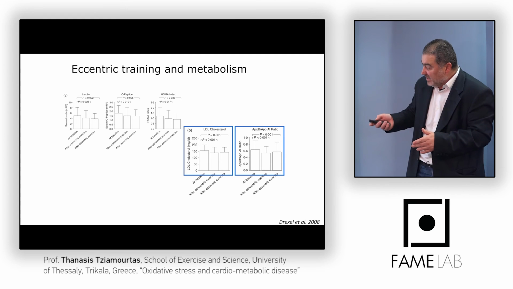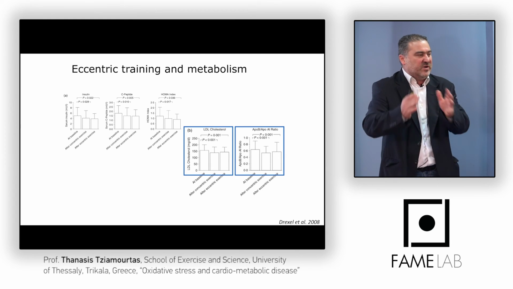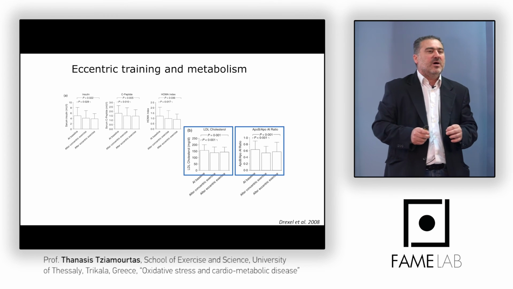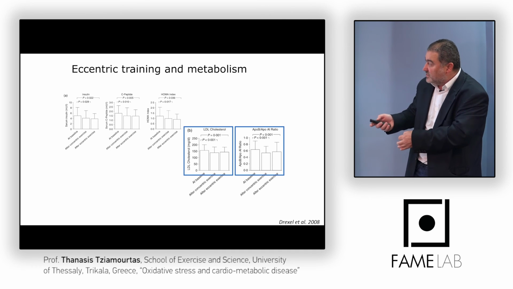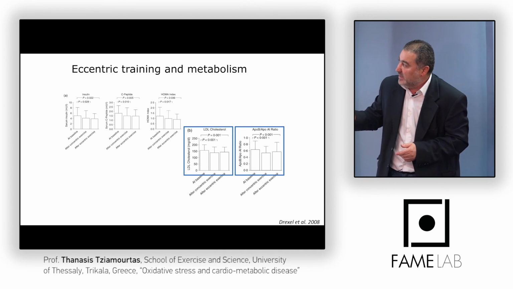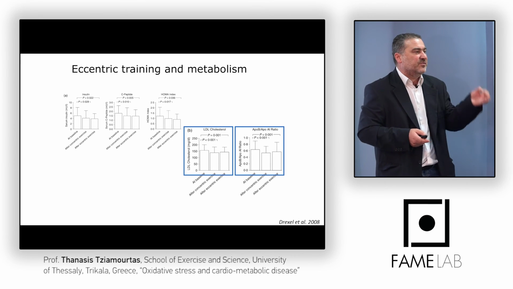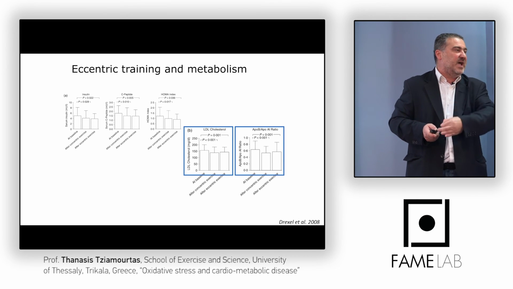And we see here that eccentric contractions, which is the type of contractions that we are utilizing in our lab, decreased LDL cholesterol and ApoB. At the same time, insulin levels, C-peptide, and HOMA, which is an index of insulin resistance, were decreased due to these type of contractions.